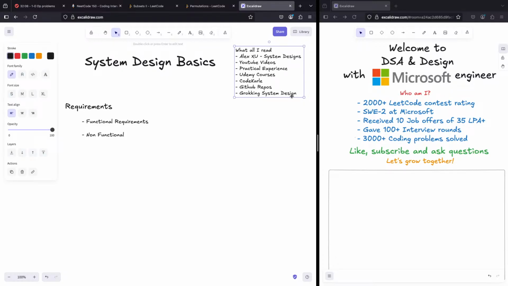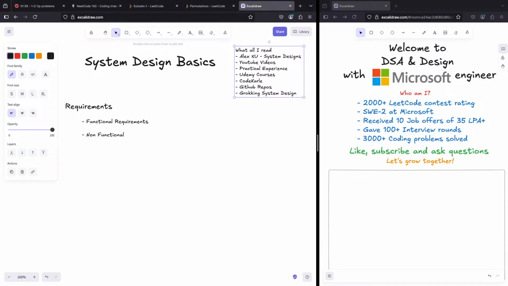I read all of these, and they all have different ways of designing. Not everyone has the same design, but the gist is the same, and you are not going to use the same format as well.